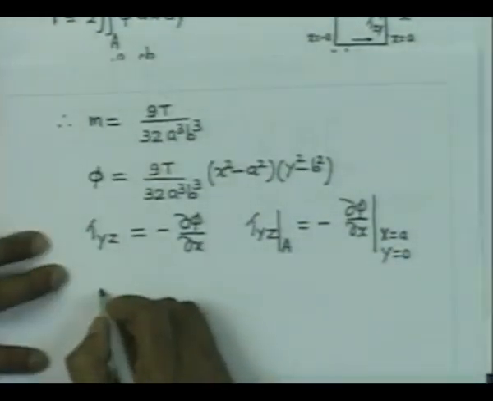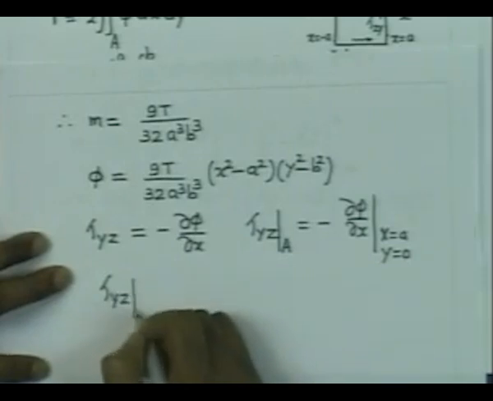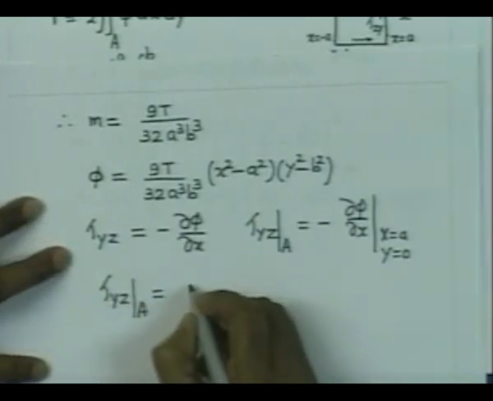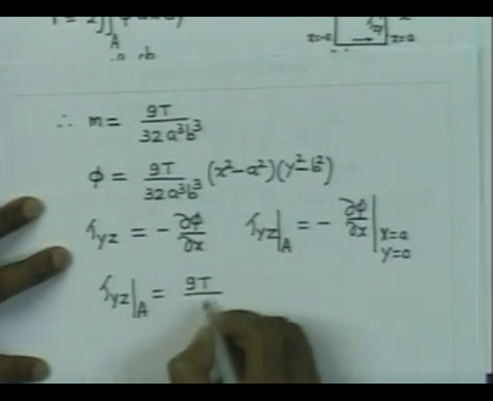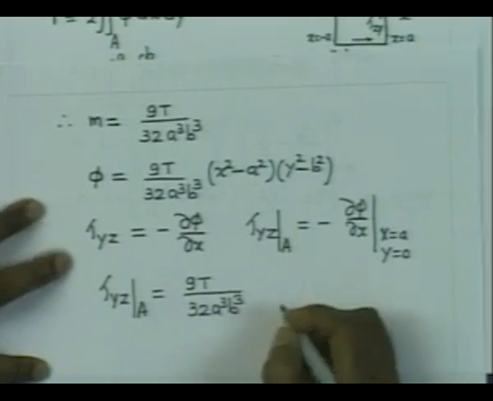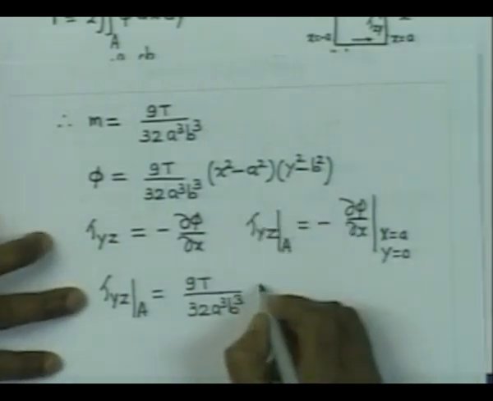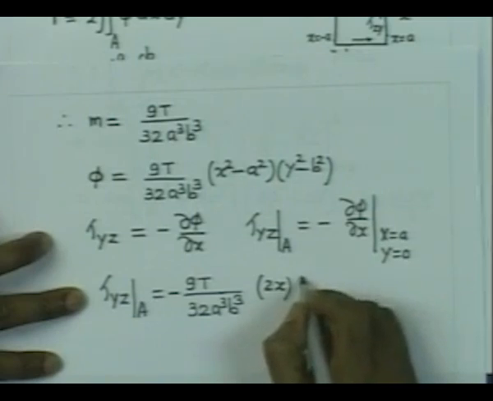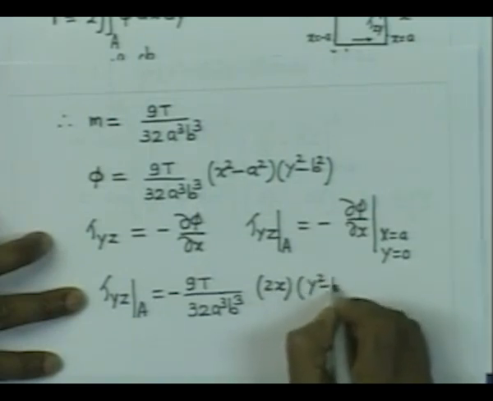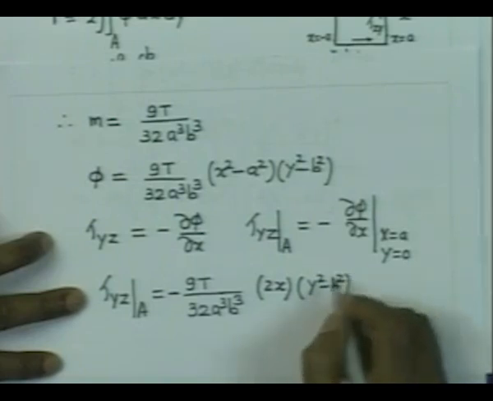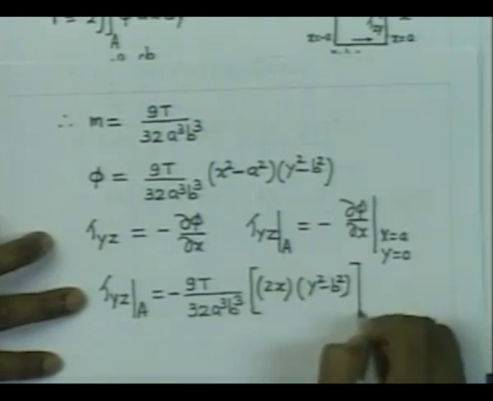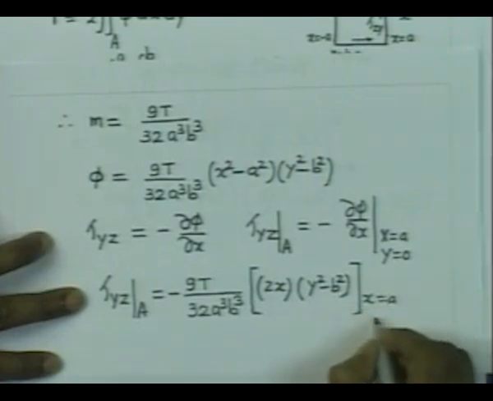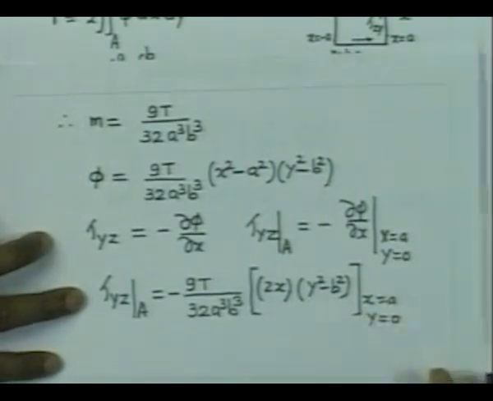So, let us see. Tau yz at A is equal to 90 t by 32 a cube b cube, and when we differentiate this, we get 2x into y square by b square minus 1, and we have to substitute the value x is equal to a, y equal to 0.